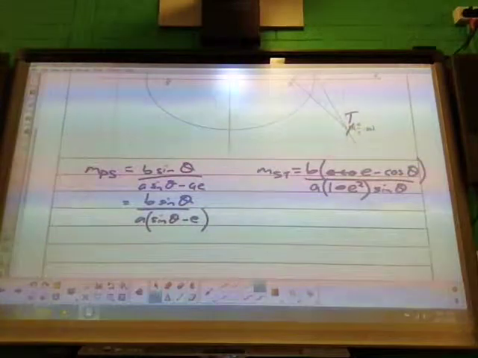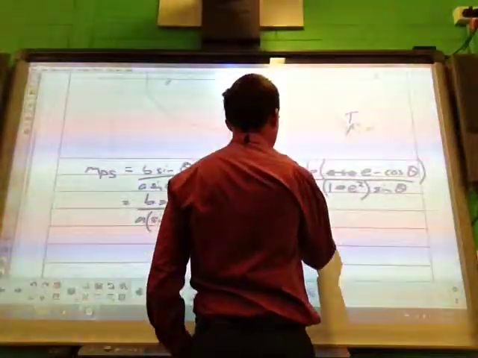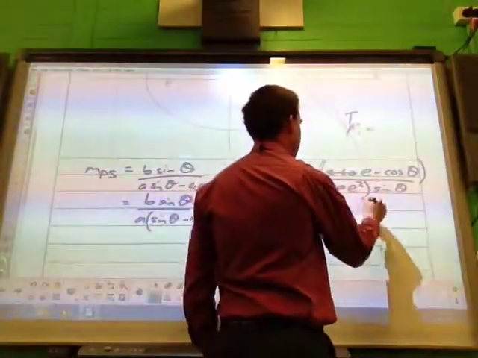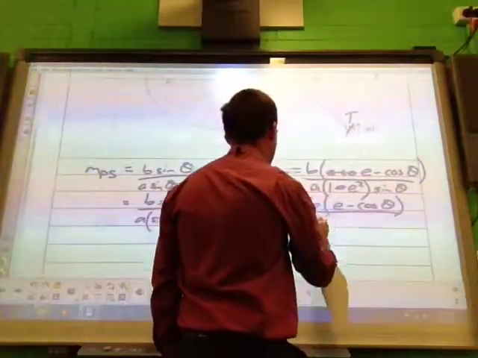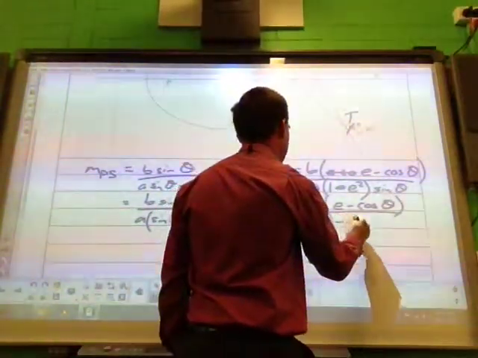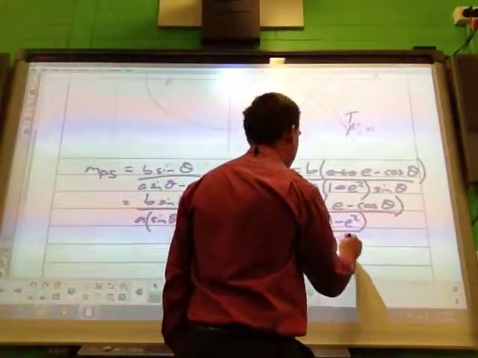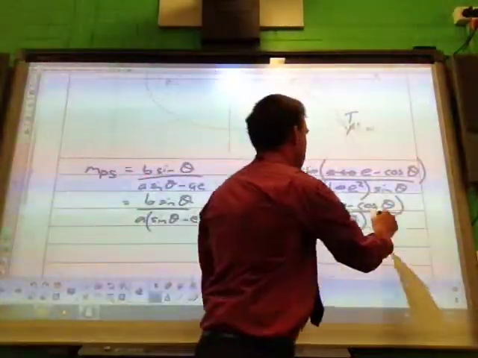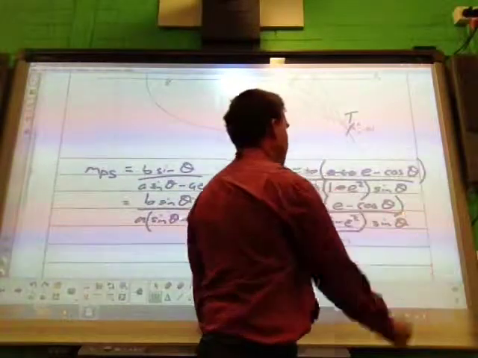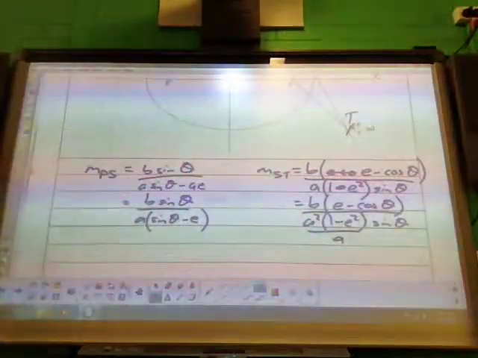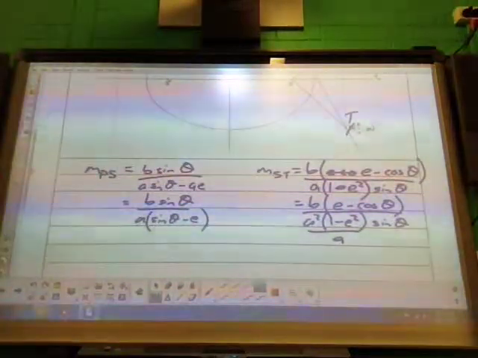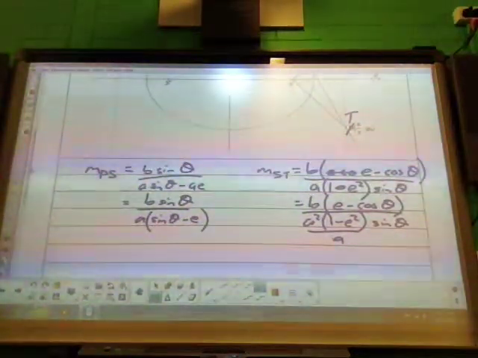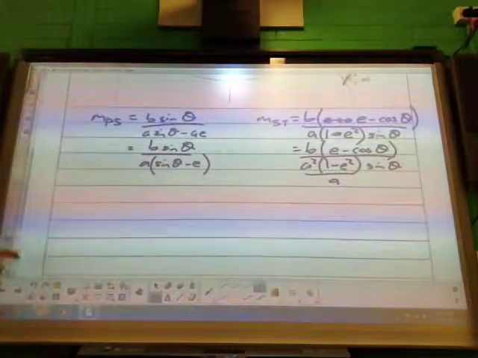Alright, so what I'm going to do is write it like that: a squared, 1 minus e squared, over a times sine theta. Right, so I've got to square a because b squared is equal to a squared outside of 1 minus e squared. And that relates your eccentricity with a's and b's for your ellipse.